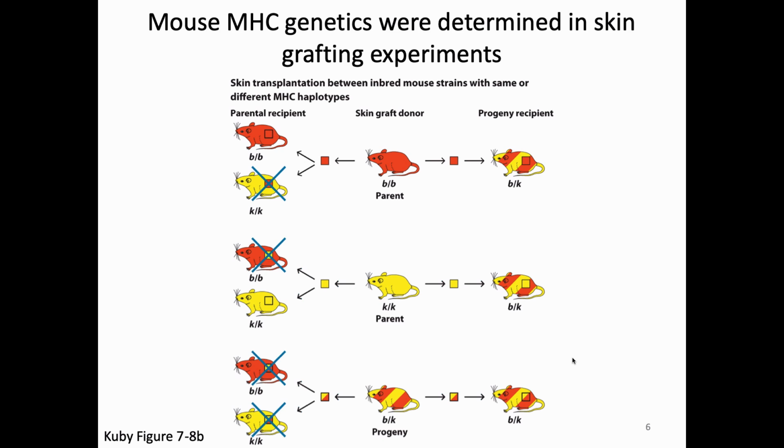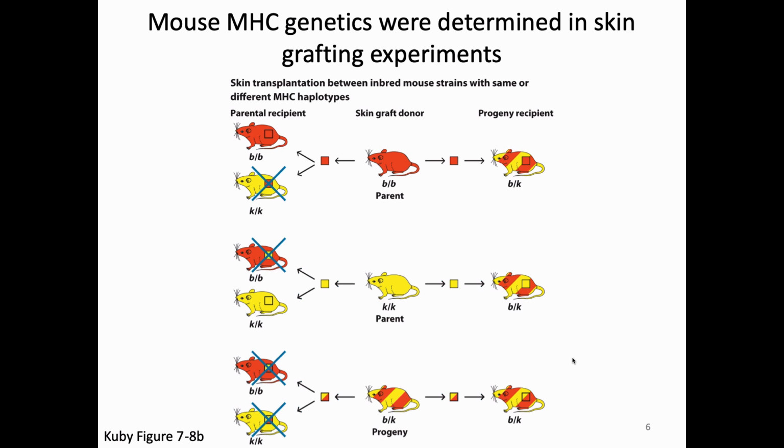And they further found that if they started with the progeny, neither parent could accept a skin graft because neither parent was stripy. They were one or the other. You could only see transplant into other progeny. I will first note that this is the outcome that we see in inbred mice.